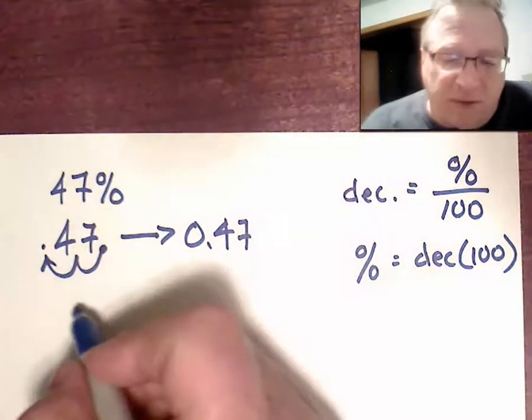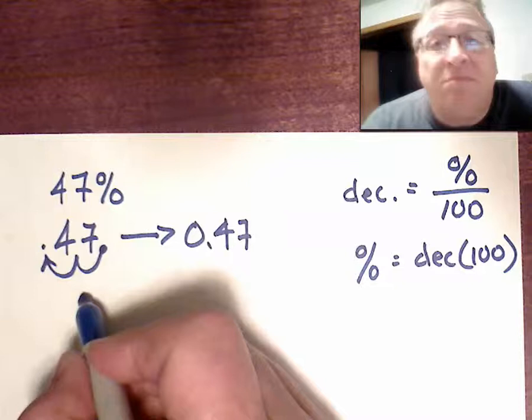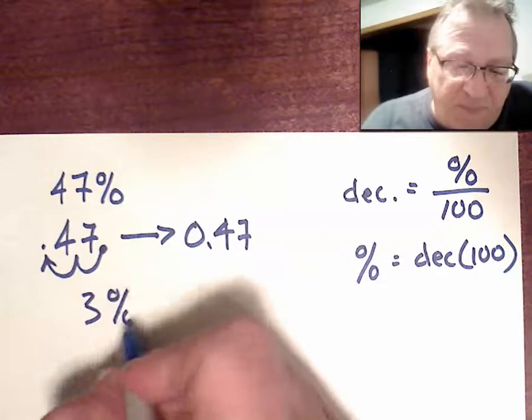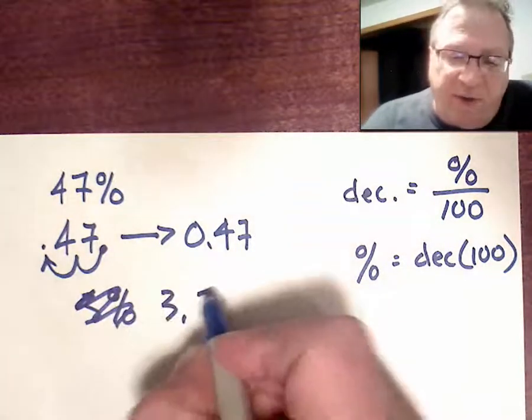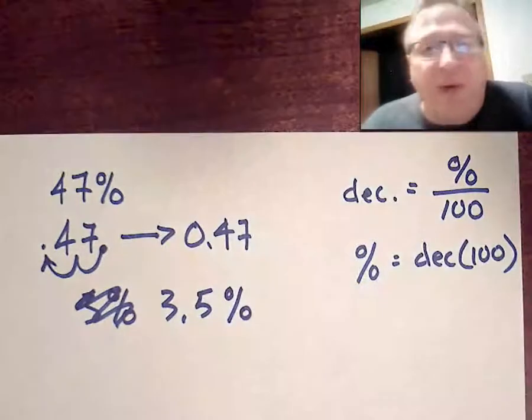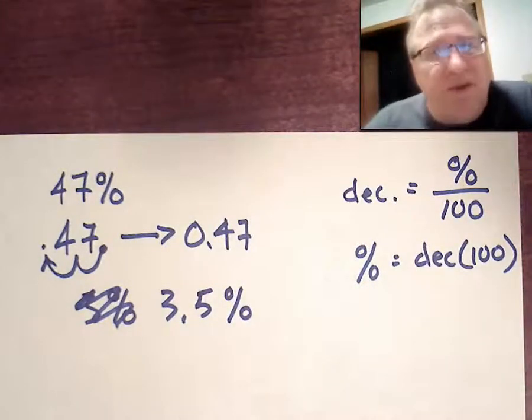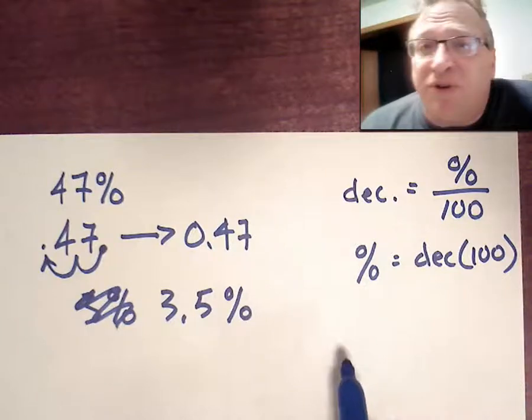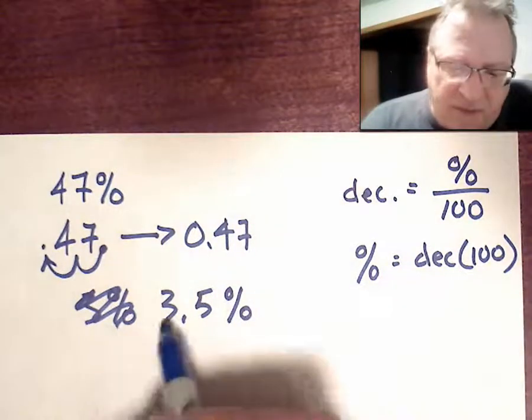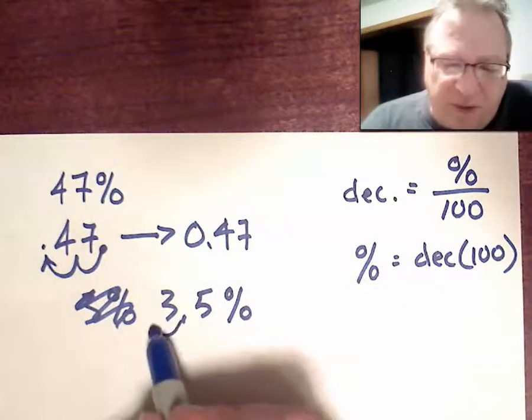Let's do another one. Let's make it a little more interesting: 3.5%. We need to move the decimal point 2 places to the left if we want to get the decimal version. But I'm running out of space here.